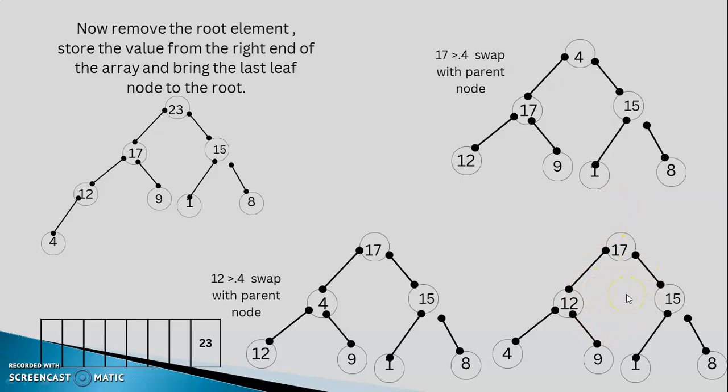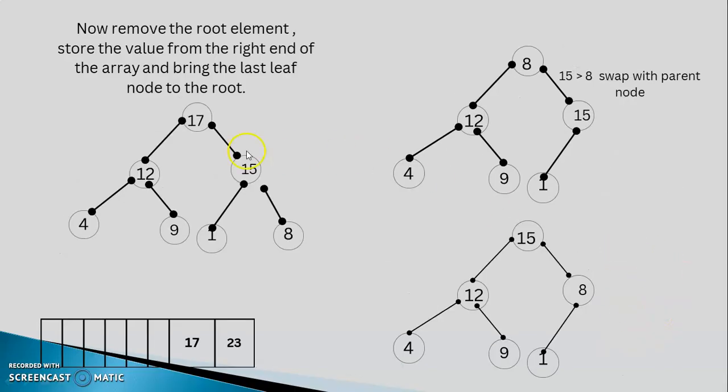So this is the final tree we got. Next we are going to take this as a reference. When you take this as a reference, again the same process. Now remove the root element, store the value at the right end of the array and bring the last leaf node to the root. That means 17 is removed. When you remove 17, what is the last leaf from the right end? 8.